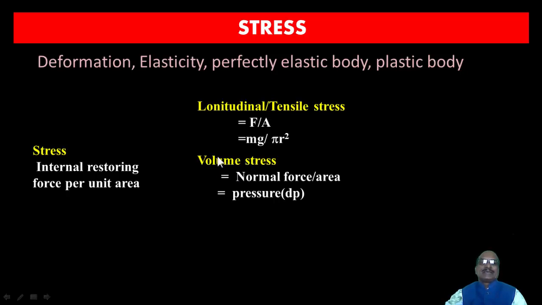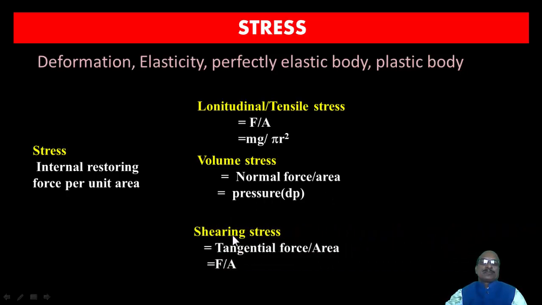Therefore, the volume stress is defined as the normal force divided by the area of the cross section. But here this force will result in a change in volume of the material body, and it is also equal to the pressure.